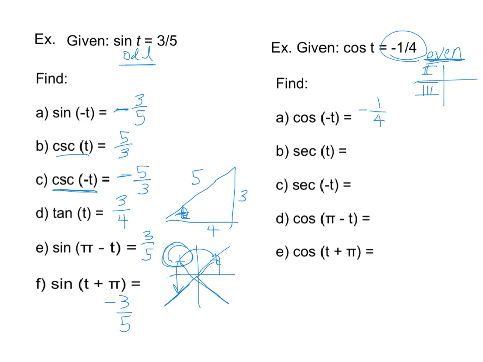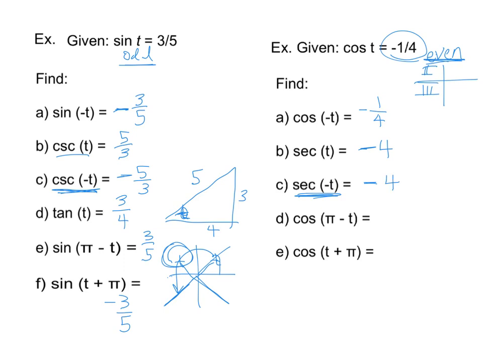So the cosine of the negative angle, remember because it's reflective over the y-axis, is also going to be the same. Secant, you're going to flip it over, keep the negative sign the same. Since secant is a reciprocal of cosine, it's also going to be even, so this would be -4.